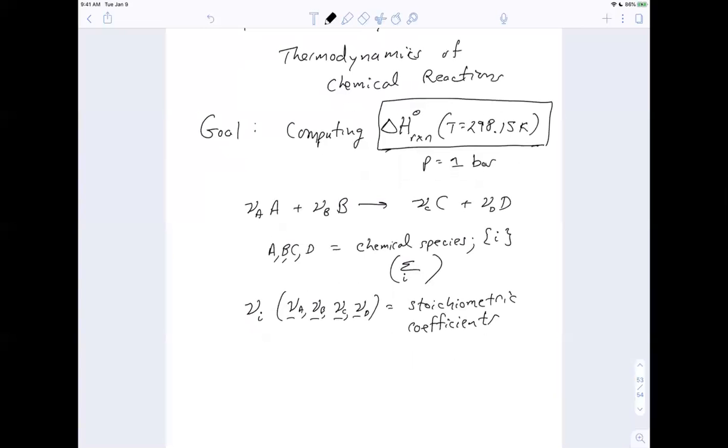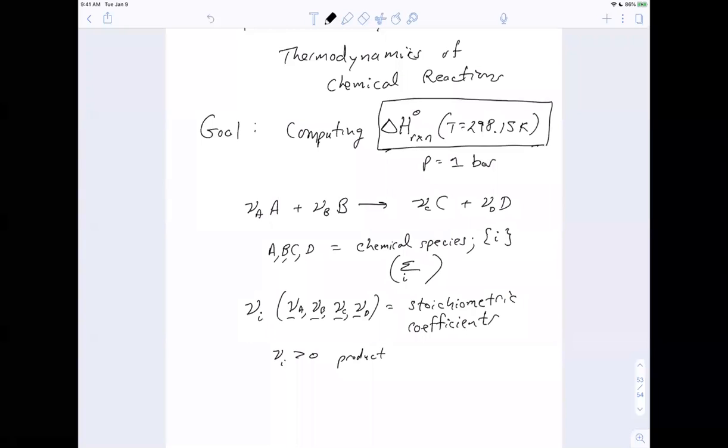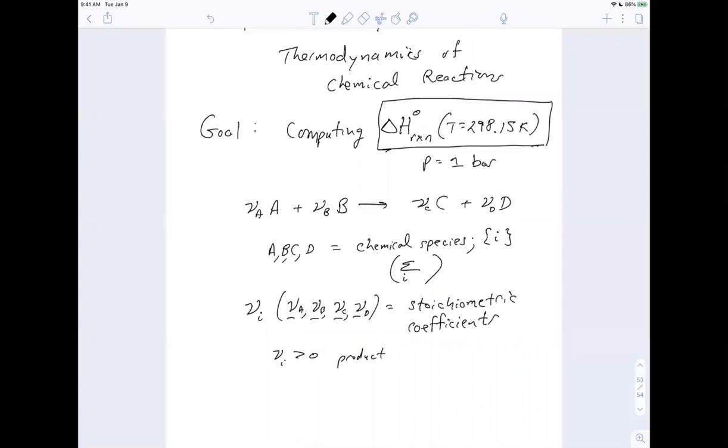Now, one subtle thing that we should keep in mind is that nu sub i is greater than 0 if you have a product. The stoichiometric coefficient, we're going to write this as an equation, so this guy is more or less a schematic.